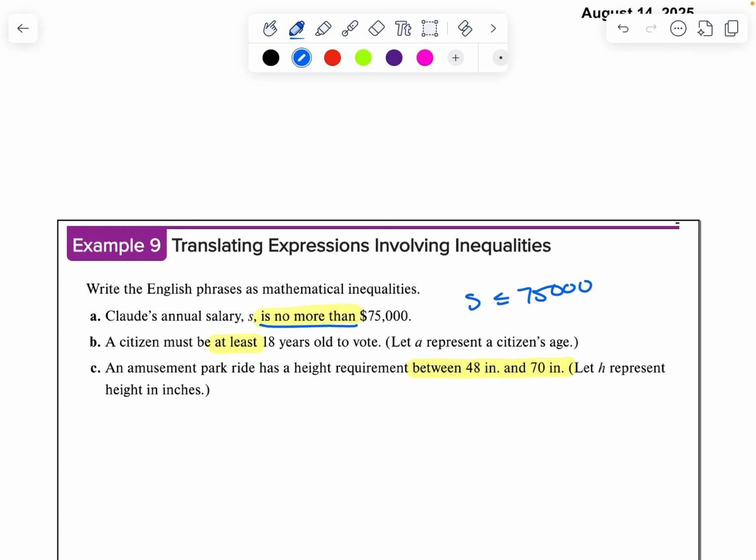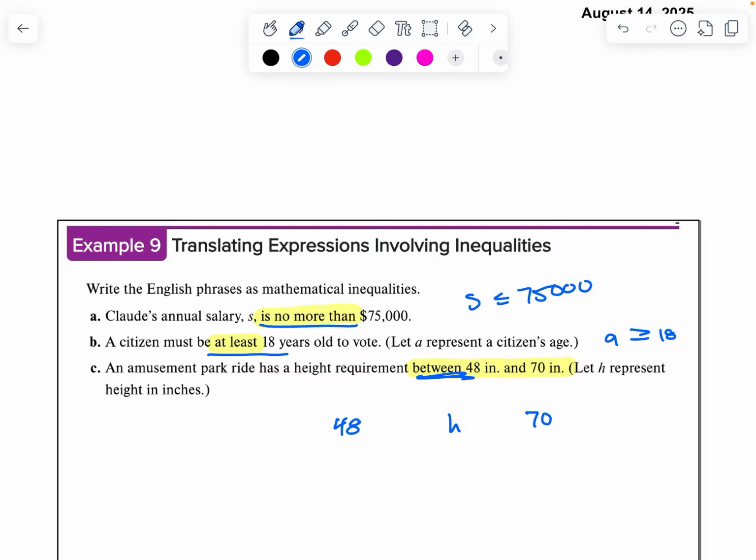For B, a citizen must be at least 18. So his age has to be at least 18. That again came from the chart. An amusement park has a height requirement between, and take a guess what between means. That means that our height is between 48 and 70. It doesn't tell us whether they can be 48 inches or be 70 inches.